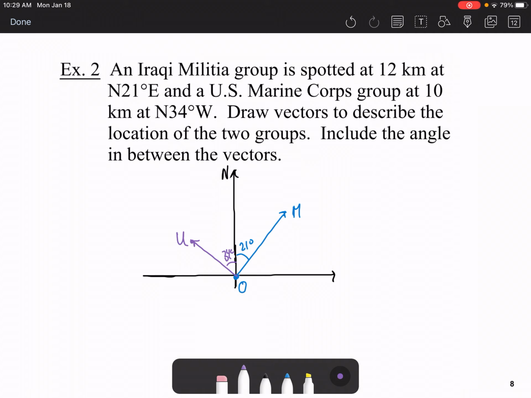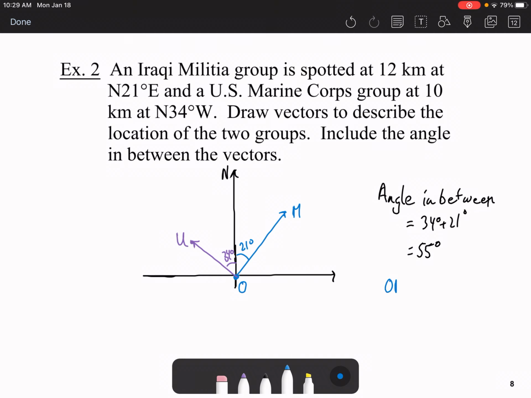So there's our two vectors. The angle in between is equal to 34 degrees plus 21 degrees, which is equal to 55 degrees. And there we go. There's the two vectors being drawn. And again, if you want, you can list the vectors.